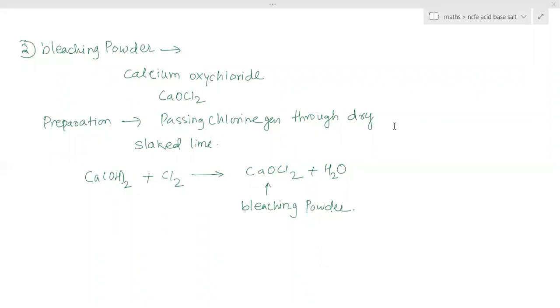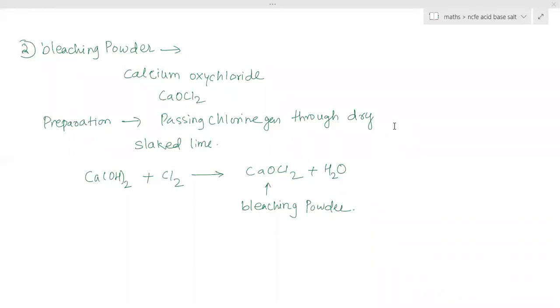So the function of bleaching powder is to bleach the clothes. But bleaching clothes is not the function of the whole bleaching powder. It is actually the function of chlorine gas. Therefore, this bleaching powder is considered the storage unit of chlorine. Storing any gas is a difficult task, so instead, if it is converted into a solid compound, it is easier to transport and carry.